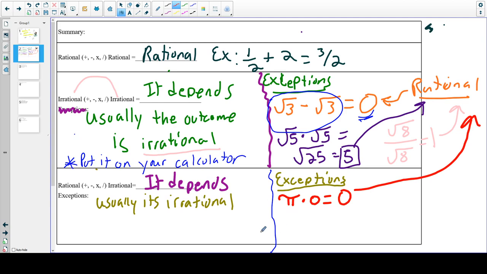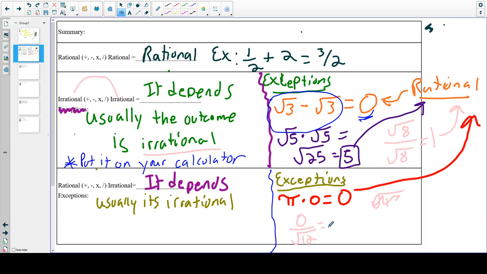Or what if we did, let's think of another type of number, the square root of 12? No, I lied. What if I said 0 divided by the square root of 12? Do you remember what happens when you do 0 divided by anything?